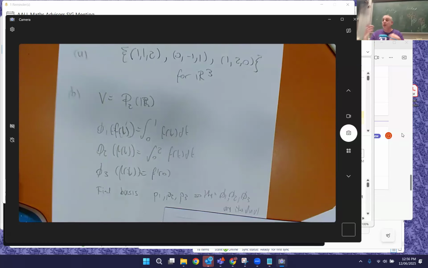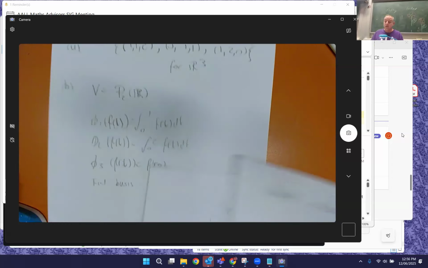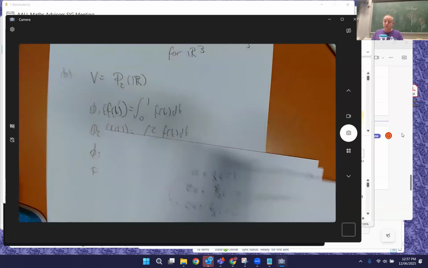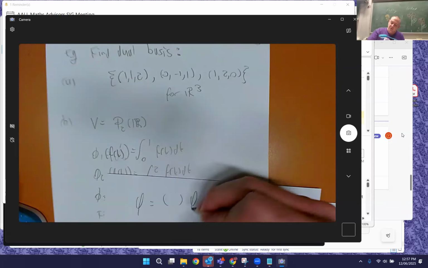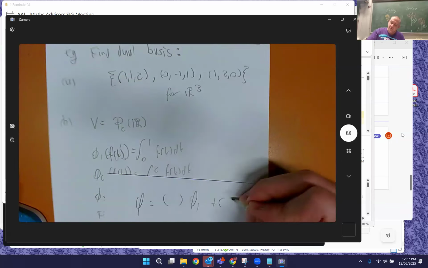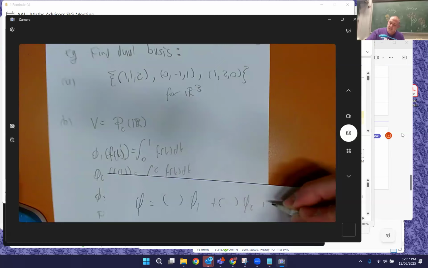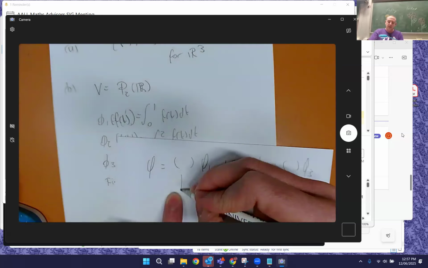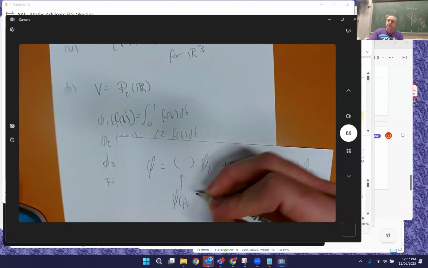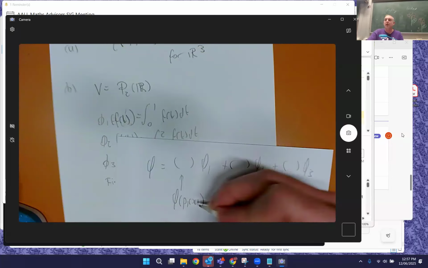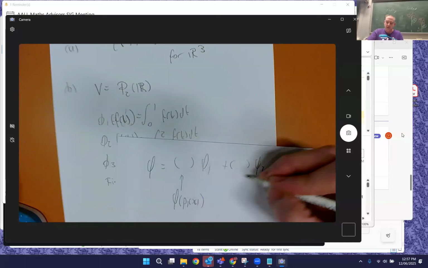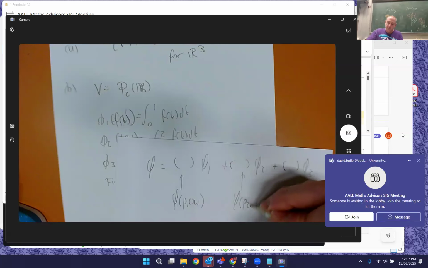Because the dual basis works the opposite way as well. So if you want to write phi as some combination of phi1, phi2 and phi3, then the coefficients will be phi of p1, whatever the linear functional is, and phi of p2, and phi of p3.